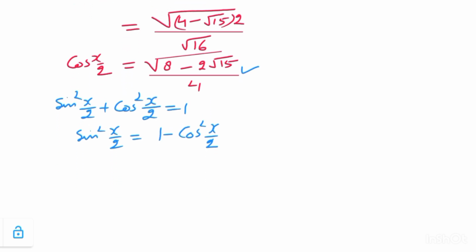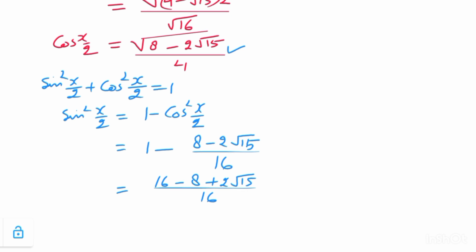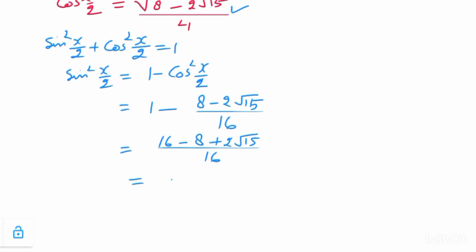So this will be 1 minus 8 minus 2 square root 15 divided by 16, and this will give 16 minus 8 plus 2 root 15 divided by 16, and this will be equal to 8 plus 2 root 15 divided by 16.